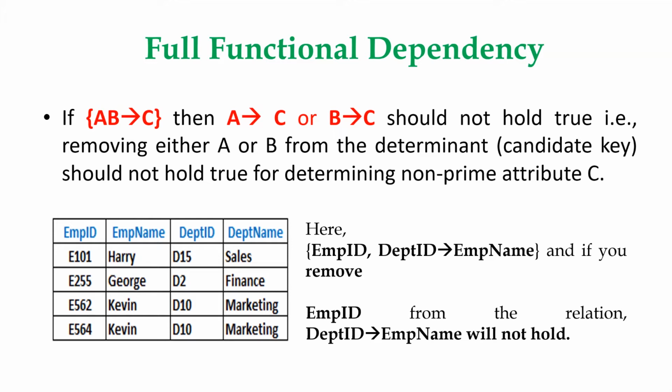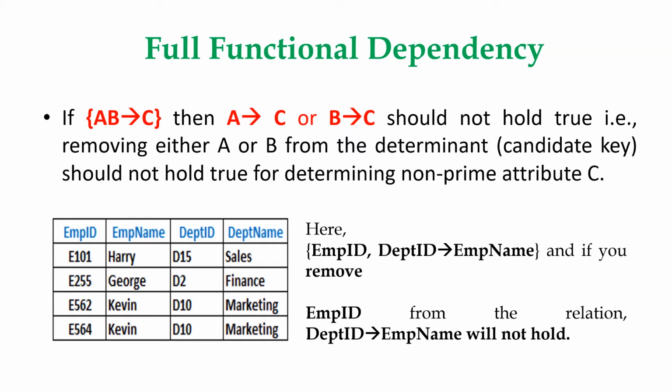That is, if I remove any one attribute from the candidate key, the dependency should not exist. Such a dependency is called full functional dependency. That is, both the attributes should be there in order to determine another attribute. The absence of even one attribute should not be allowed. Such a kind of dependency is called full functional dependency.